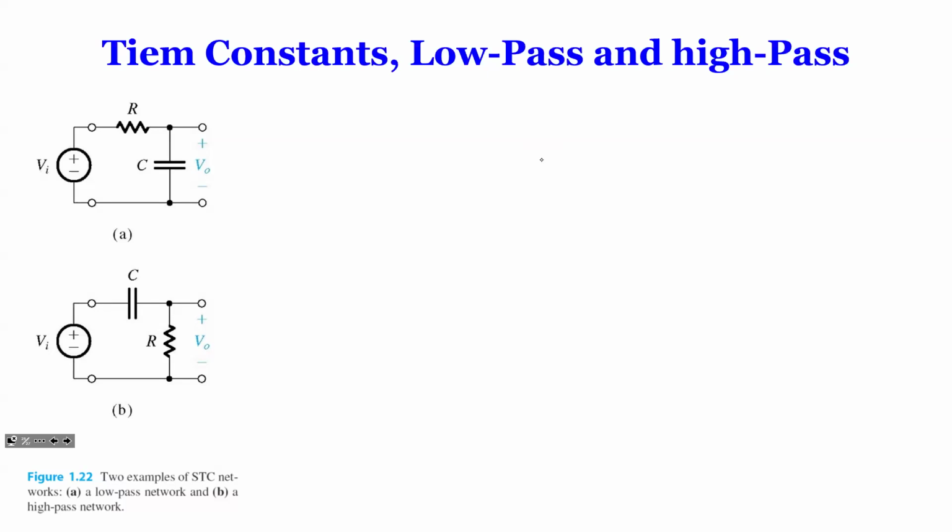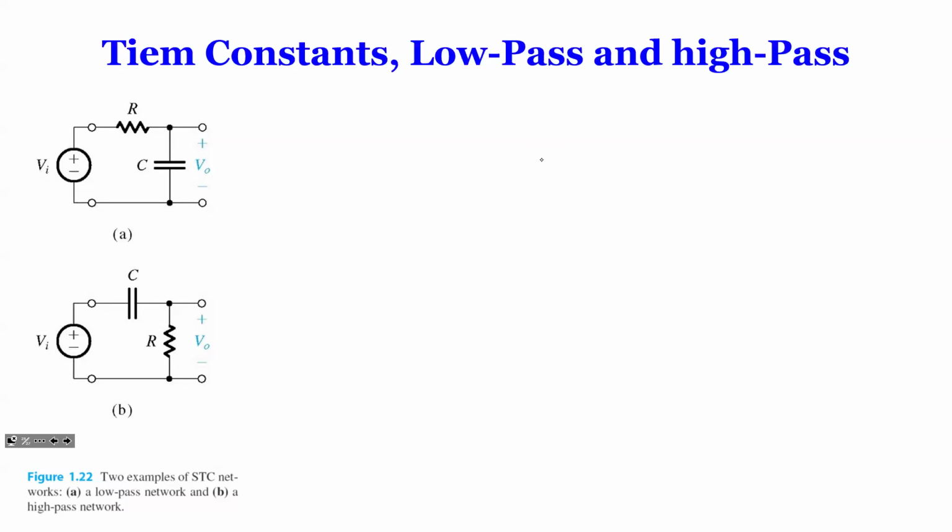If the frequency, let's say it's DC, what happens? For DC, for example, current won't flow through C at all. So eventually the capacitor gets charged to the whole voltage, right?